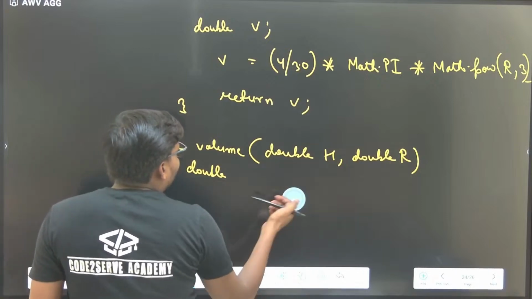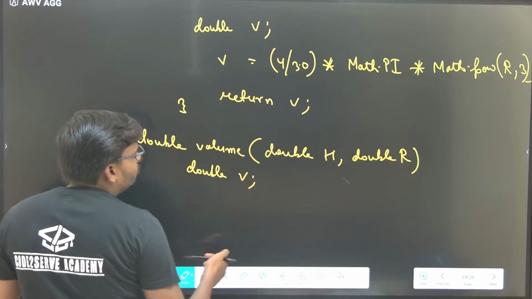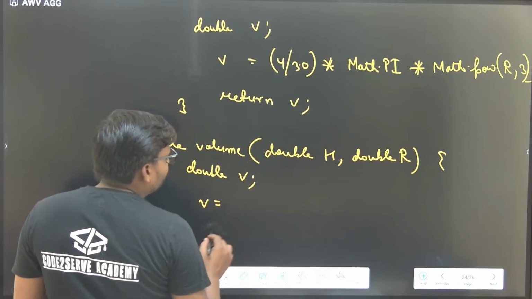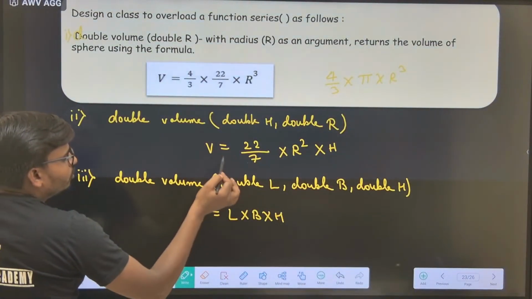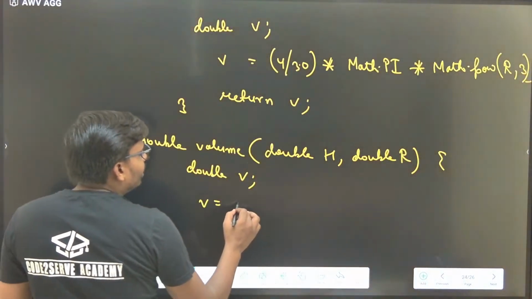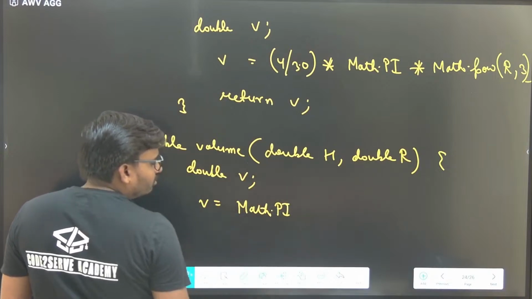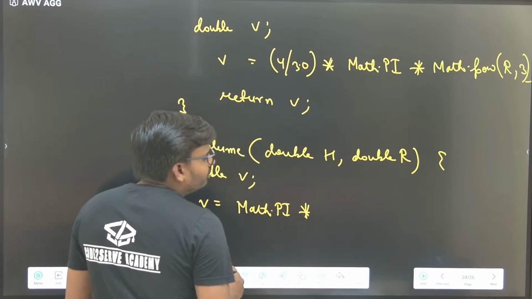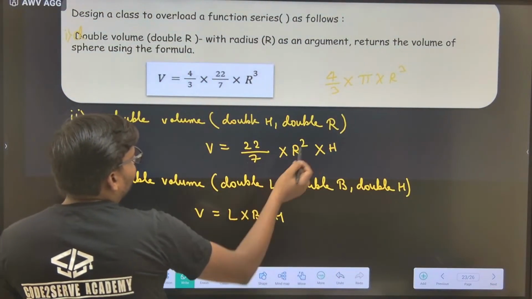All right, now we create another variable here, v. This has a scope inside this function, and then you will say v is equal to, again you have to use the value of pi. You can use 22 by 7.0, or you can directly use Math.PI. You have to keep in mind these are both capital, P and I, and then r square and h.